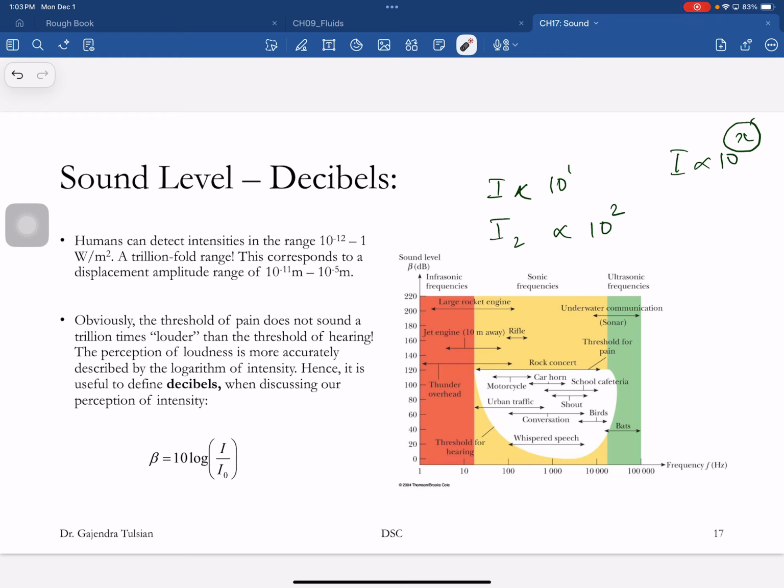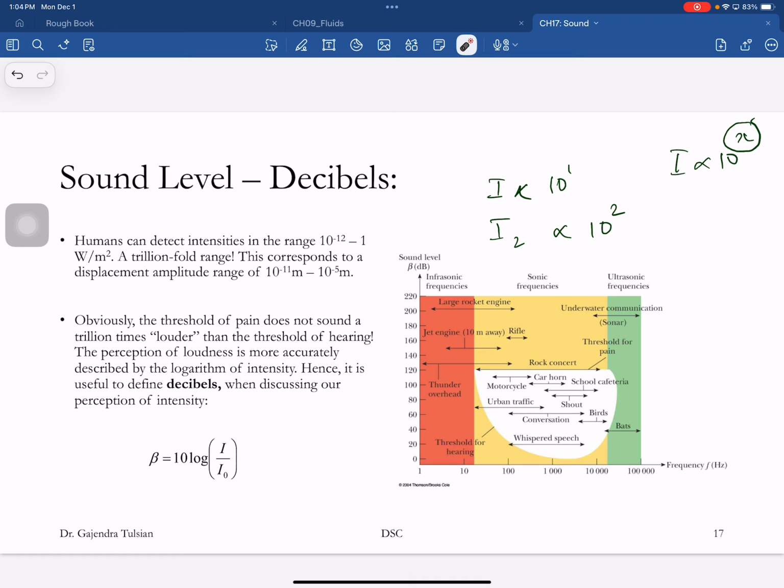So anyway, that's how the decibel scale is defined. Beta, the decibel sound level, is 10 times log of the intensity of sound divided by I naught, which is the threshold of hearing. This is the softest sound you can hear.